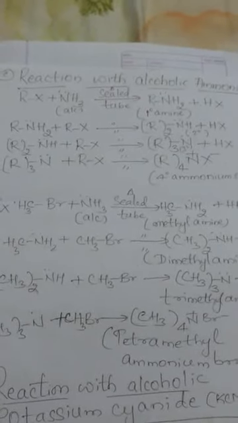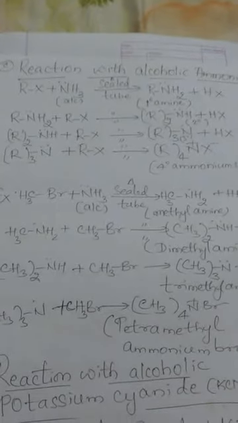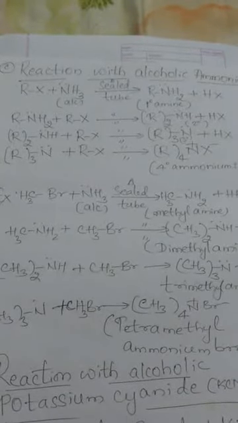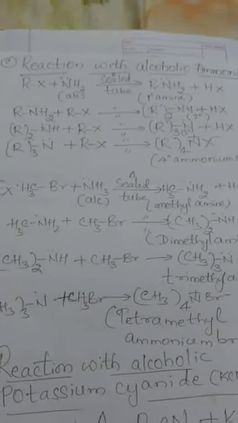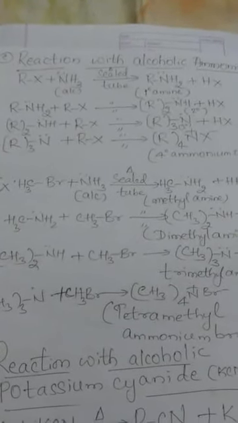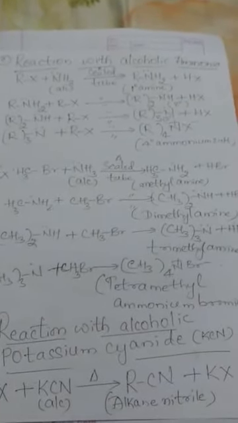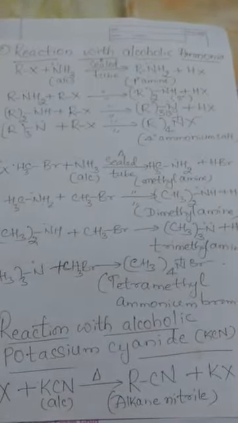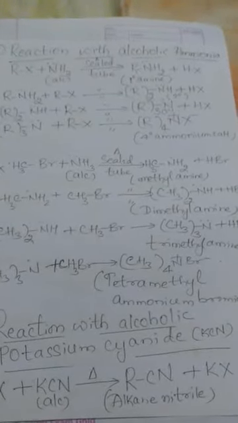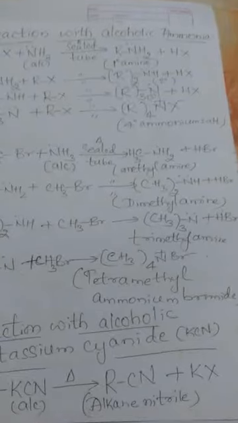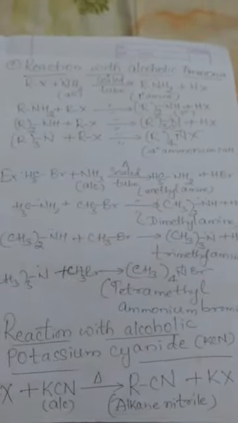If in the reaction mixture alkyl halide RX is taken in excess, then further substitution of the primary amine takes place to give the corresponding secondary amine, tertiary amine, and finally quaternary ammonium salt. To take one particular example, CH3Br, that is bromomethane or methyl bromide, on heating with alcoholic ammonia in a sealed tube will give you methylamine as the product.